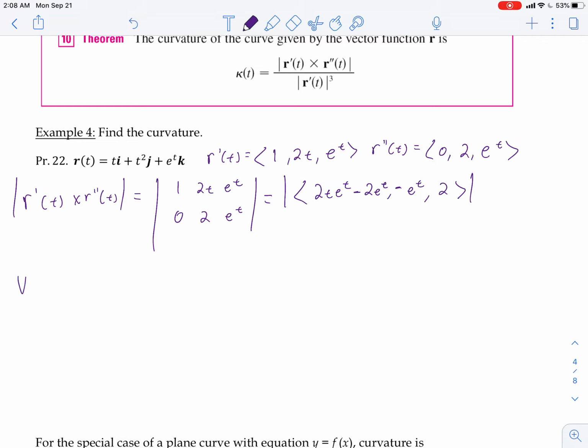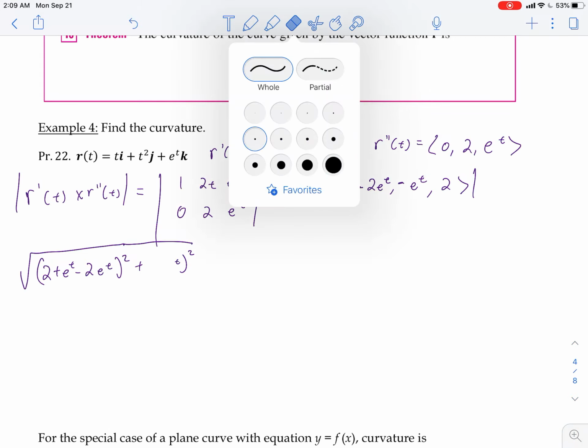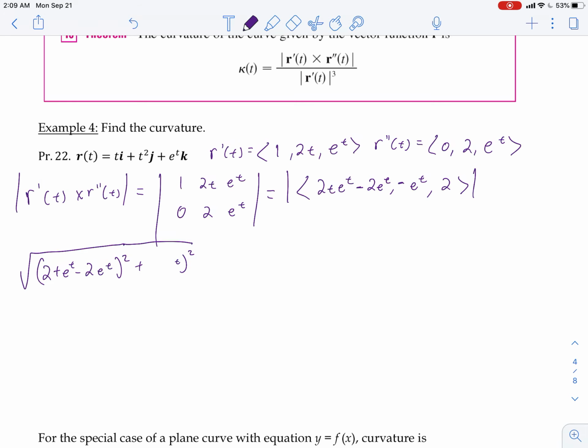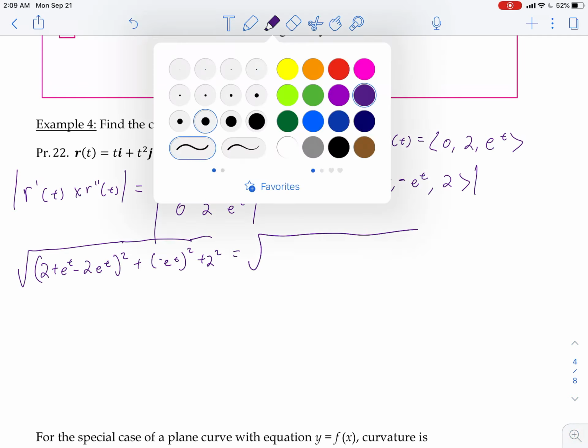Now I'm going to take the magnitude, the square root of 2t e to the t minus 2e to the t, squared, plus negative e to the t, squared, plus 2 squared.